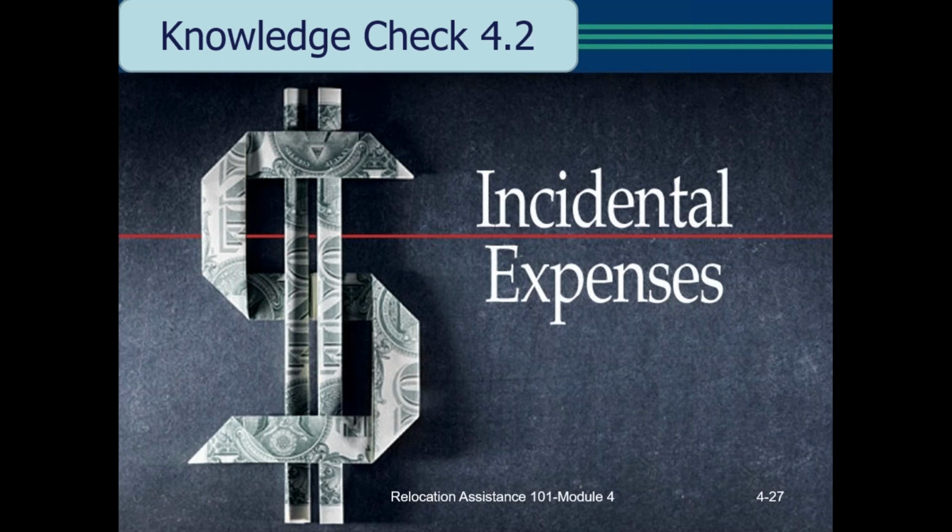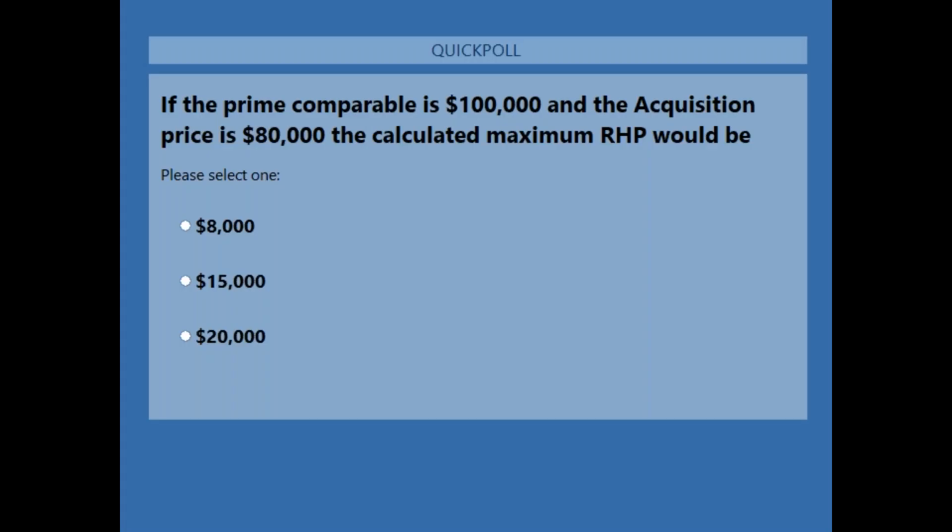Okay, we are ready for our knowledge check, number 2. First question: if the prime comparable is $100,000 and the acquisition price is $80,000, what would the calculated maximum RHP be?